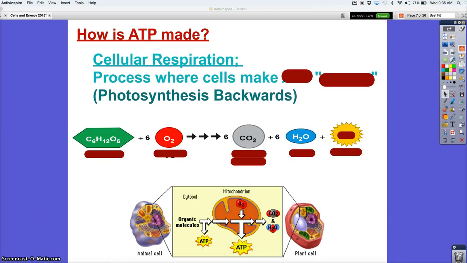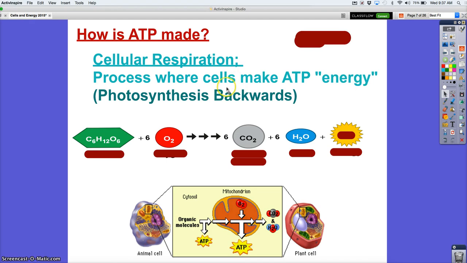So how is ATP made? For starters, your cells make it in a process called cellular respiration. And all it is is photosynthesis backwards. So if you learn photosynthesis, you know cellular respiration.